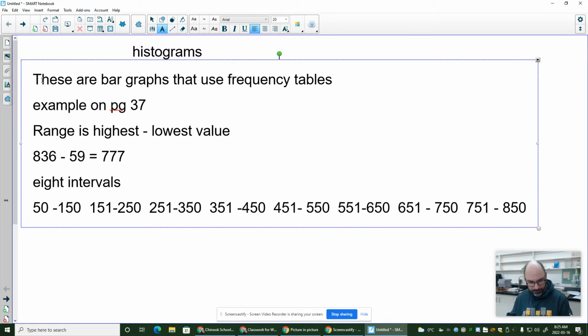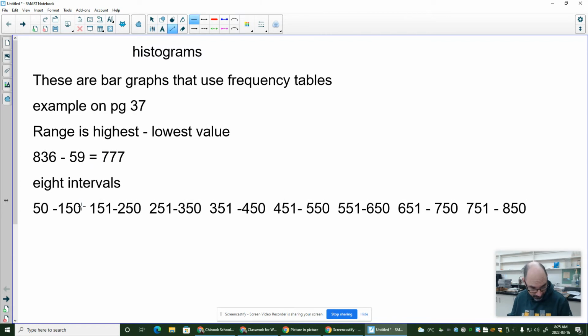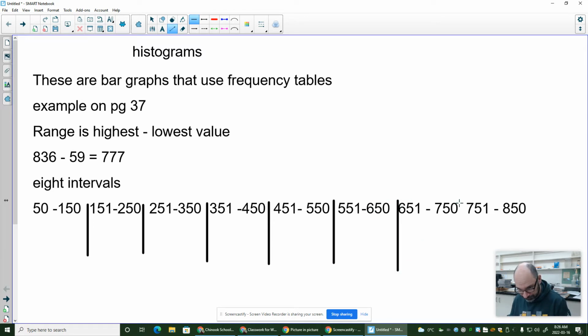So there's your intervals. Now we're just going to make a little table of it so that we can count them. So I'll put a little line like this, like B has in your book. You can just fill this in the book when you're working it out with me, or just watch. Doesn't really matter. You'll be doing this on your own for some example questions.